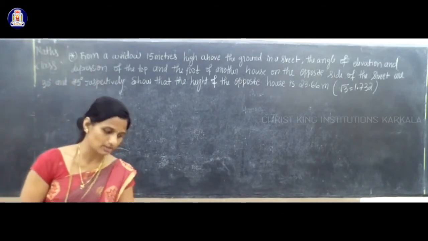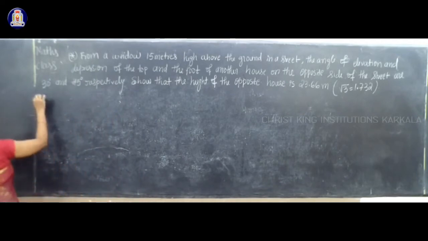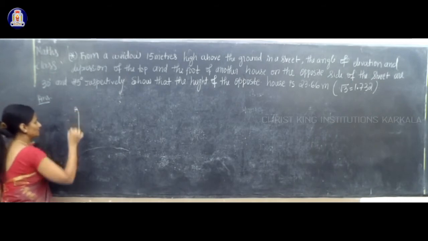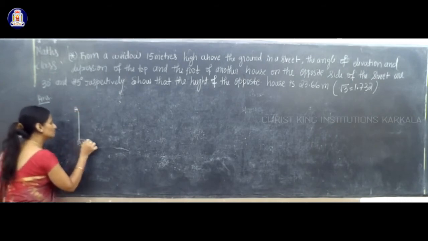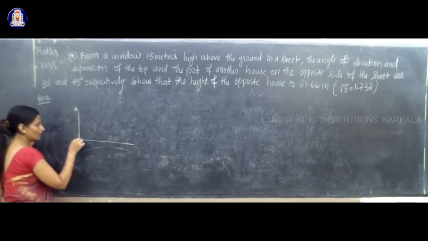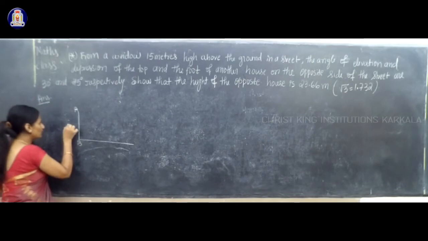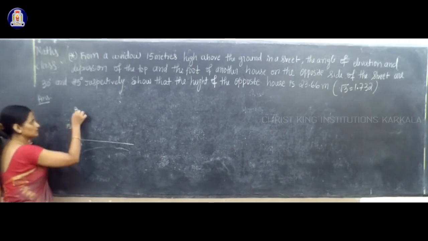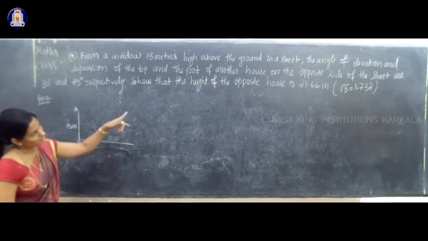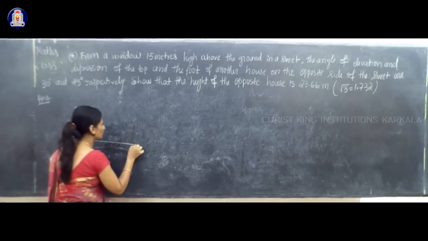So we draw the figure. Answer. So there is a window. It is A, and this point I mark as B. So A is the window at a height of 15 meter from the ground level, and there is a house on the opposite side of this road.